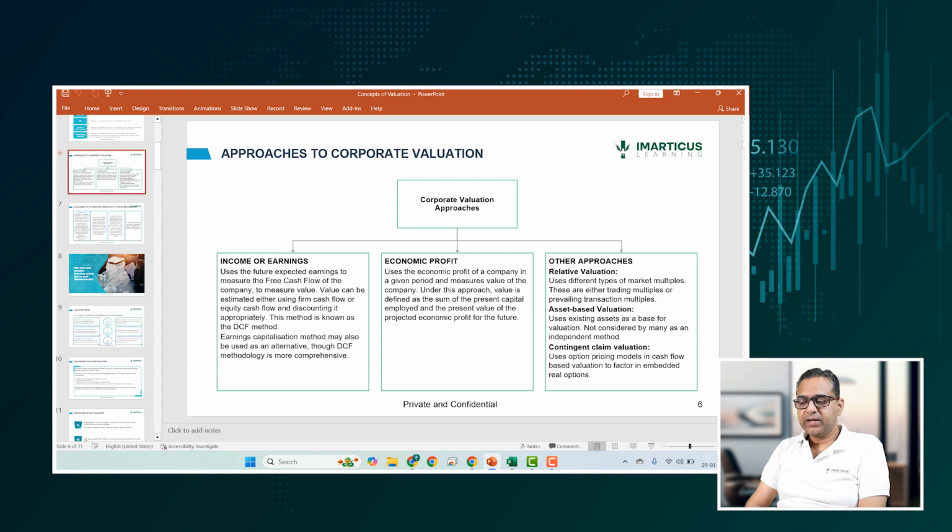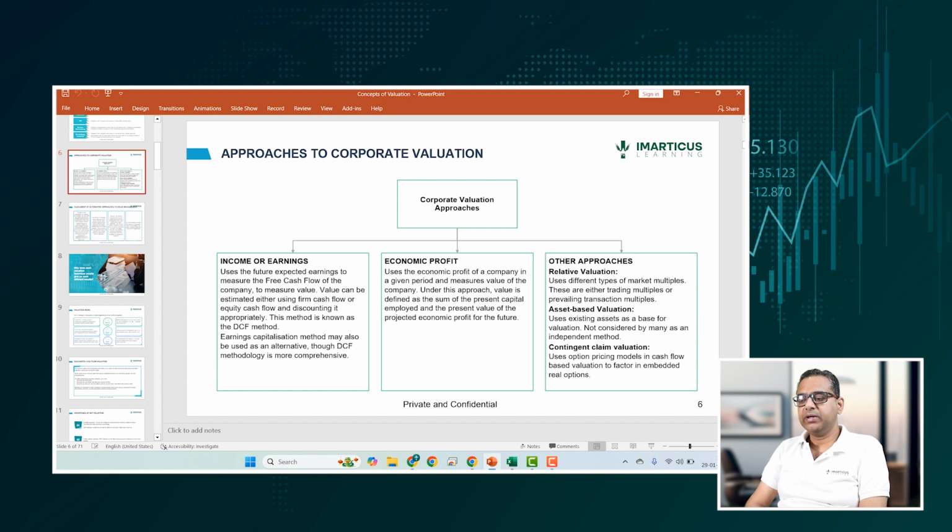Last is contingent claim valuation. This is used more in option pricing models. It is used when there is a contingency. That means the value depends on certain conditions, certain things to happen.